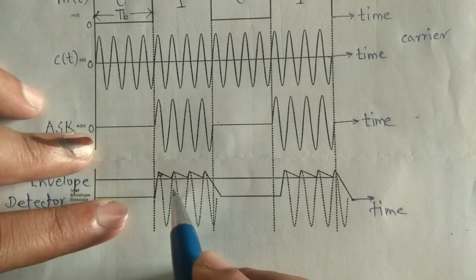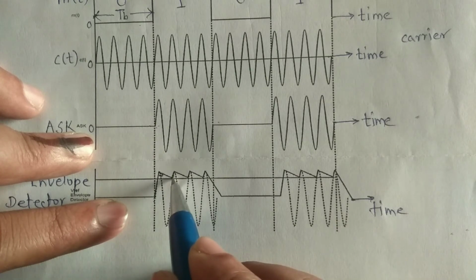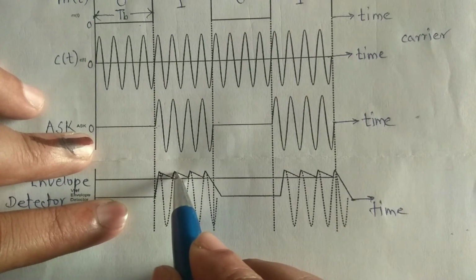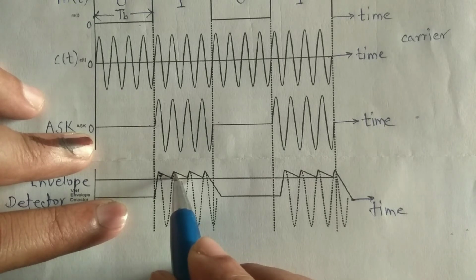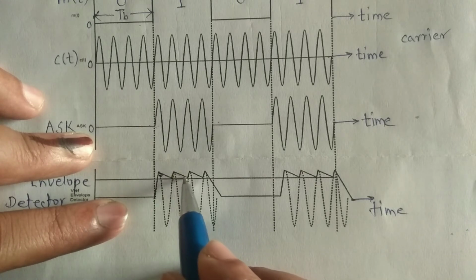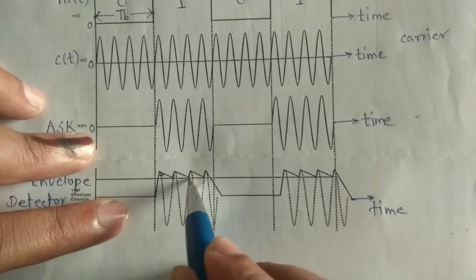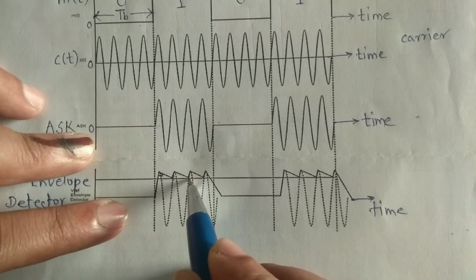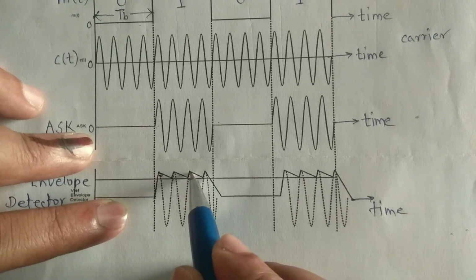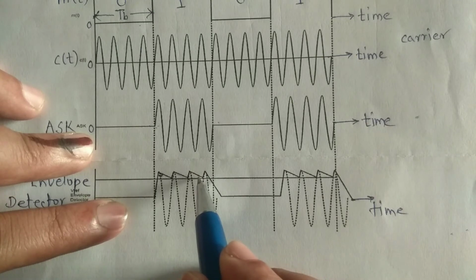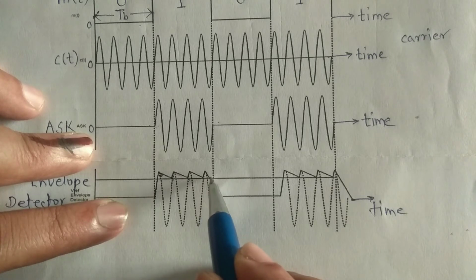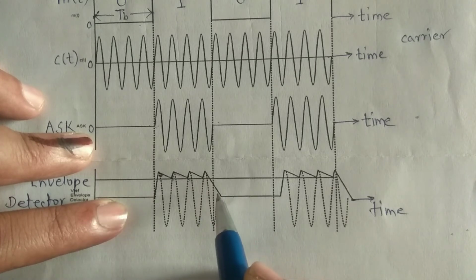When the next positive cycle comes, again it starts charging, again it reaches the positive peak, and for the negative cycle the diode will switch off and the capacitor will start discharging like this. Again for the positive cycle, the capacitor will charge, and for the negative cycle it will discharge through that resistance. So this will occur for every positive half cycle.